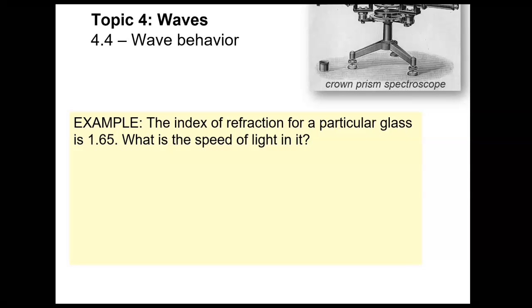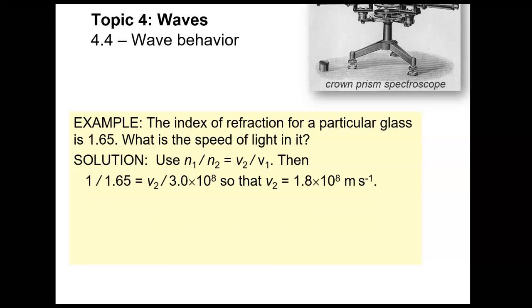The index of refraction for a particular glass is 1.65. What is the speed of light in the glass? Well, the speed of light in a vacuum is 3 times 10 to the 8 meters per second. By definition, the refractive index of the glass is c divided by v, the speed of the light in the glass.